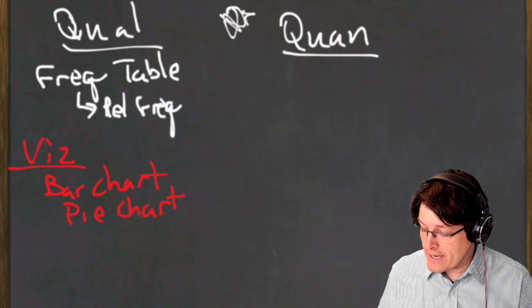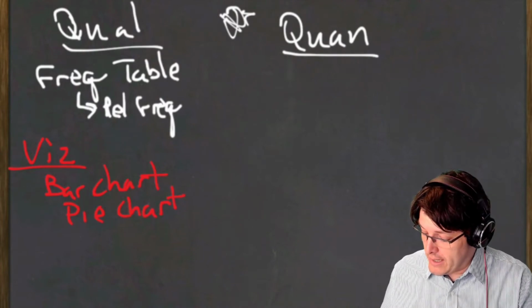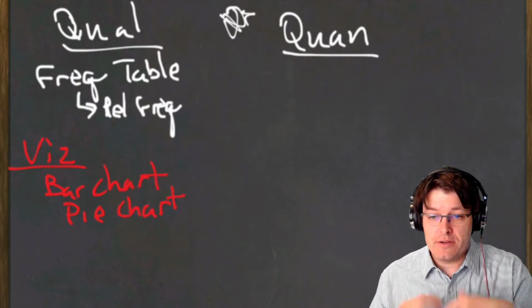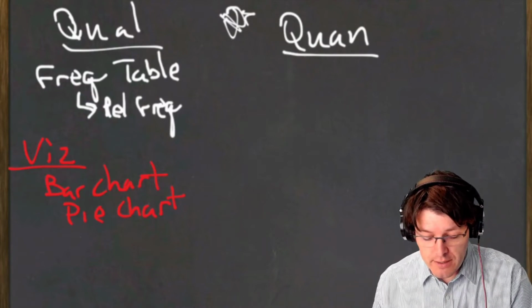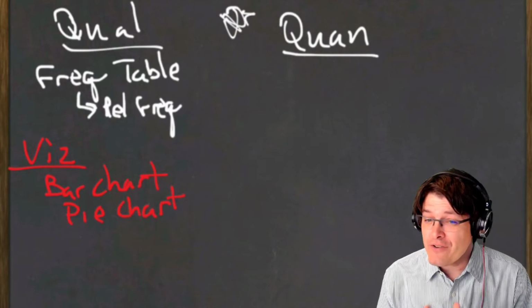With quantitative data, again, we will build a way to structure it both in a table and also visually. But when we put it into a table, we're not going to call it a frequency table, although it's very similar.